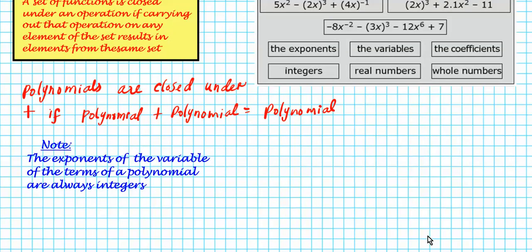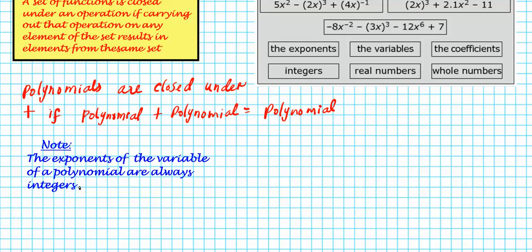Okay, so another thing that assists in answering this question has to do with what polynomials are. What do you know about the exponential term of polynomial expressions? So something to note is that exponents of the variable term of a polynomial are always integers. Okay, as soon as they become fractions, you have a radical situation.